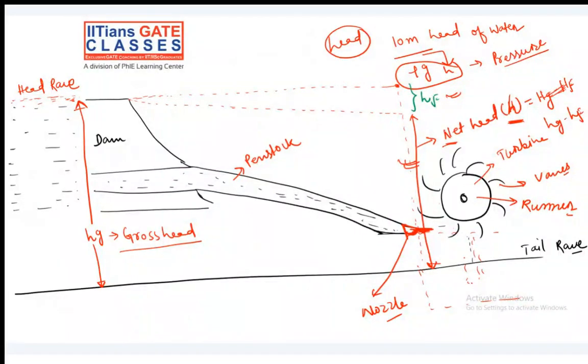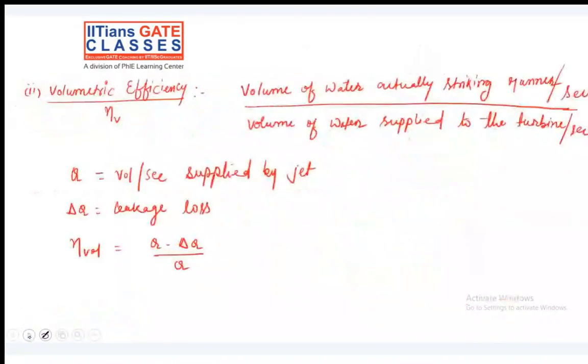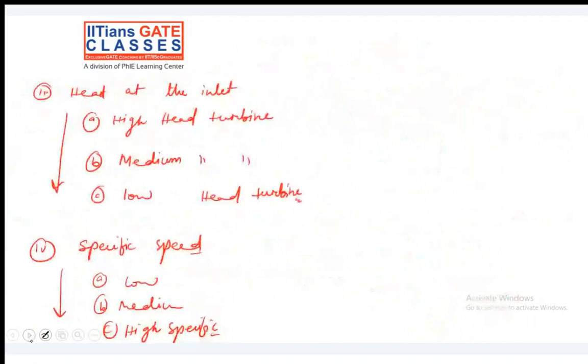Then it is called a reaction turbine. In the impulse turbine, all my pressure energy has been converted into kinetic energy before hitting these vanes. That means I have too much impulse with me, and that is why it is called an impulse turbine.